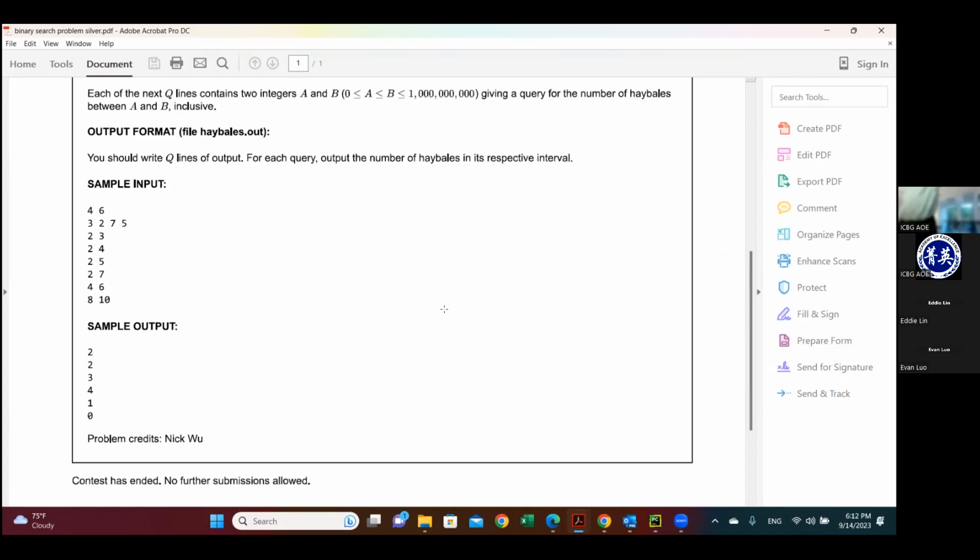And then the next lines are the six queries, one, two, three, four, five, six. You need to answer all the six queries. How many hay bales do we have? That is what we need to solve.